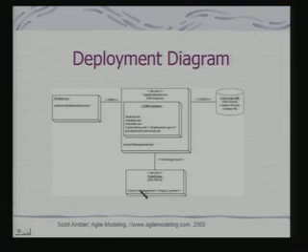So, this is an example of a deployment diagram. This is basically an object, indicated with the stereotype device. On a device, a particular set of objects have been mapped.